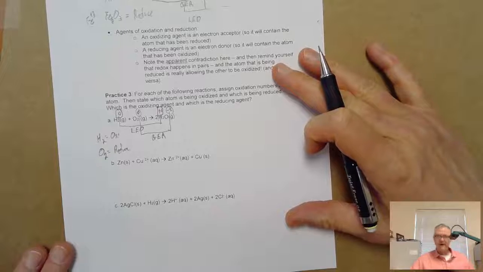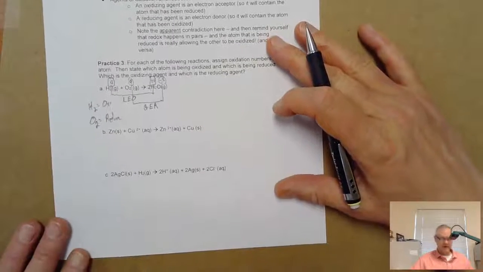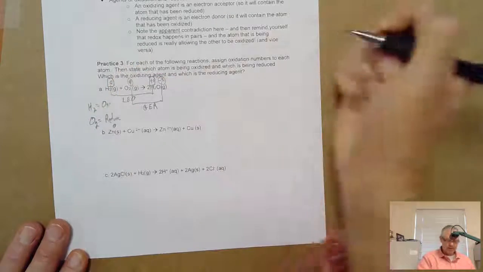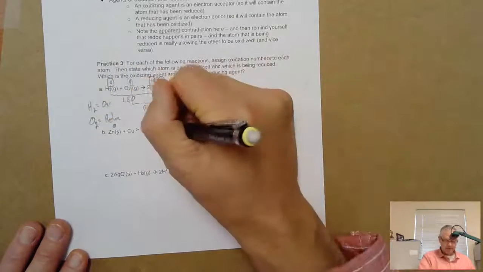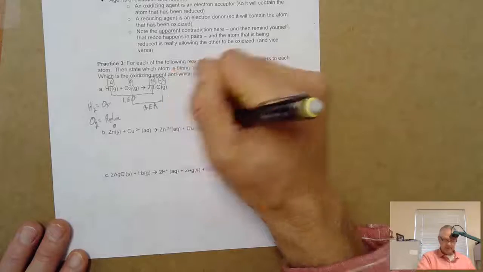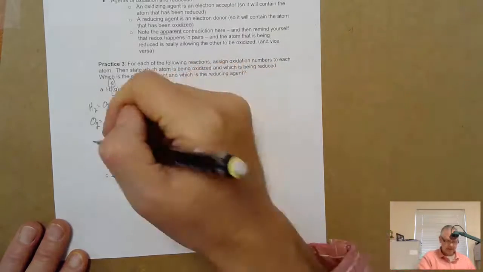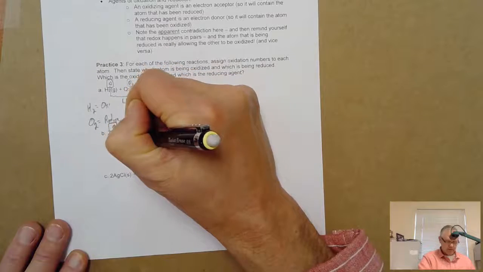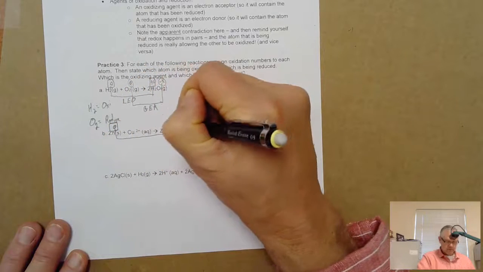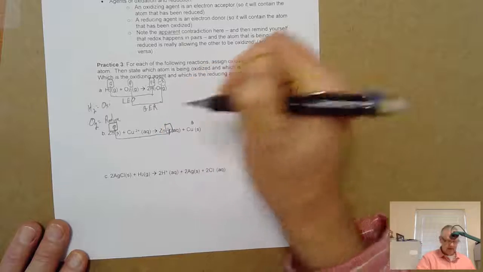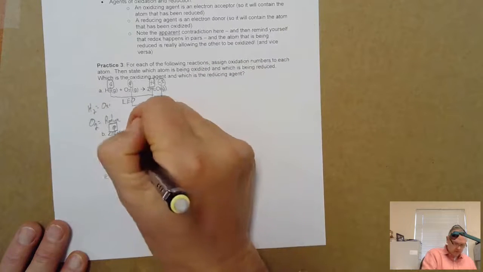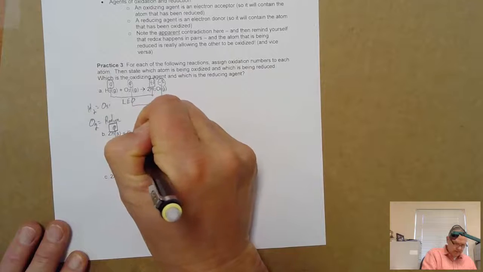I'm going to do the next one. I just want to go right through it, and then I'll let you do the third one to see if you have any questions. So again, I'm assigning. I got a solid, so that's 0. This is +2. This is +2, and this is a solid, so it's 0. So I'm going to go from my zinc over to this zinc, and that's going to be a 0 to a +2, so I'm losing, LEO.